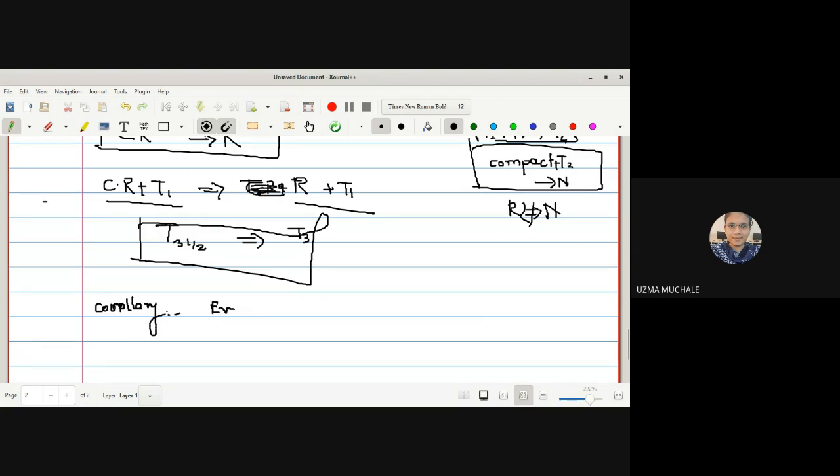Every T3 half space is a T3 space, correct? So hence we can say that every T3 half space is a T3 space. Every completely regular space is regular, so just add the property of T1 and you can say that every T3 half space is a T3 space.